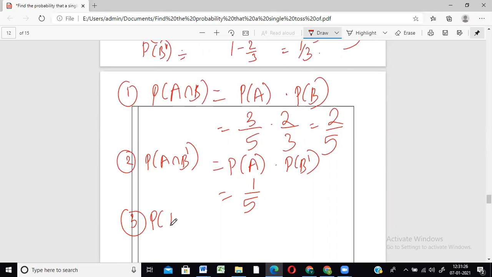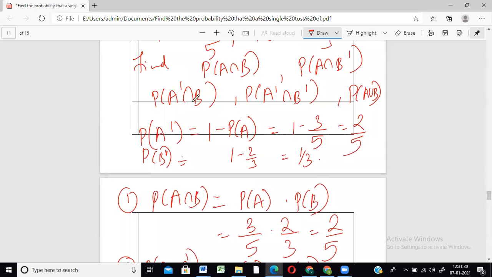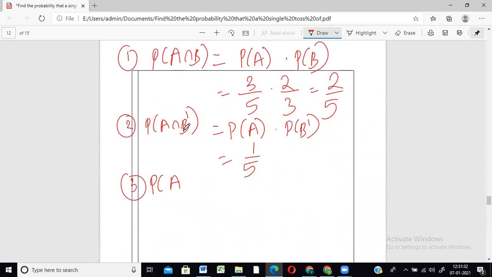Third one is probability of A dash intersection B, which will again be probability of A dash into probability of B. You just multiply this and you get the final answer as 4 by 15.